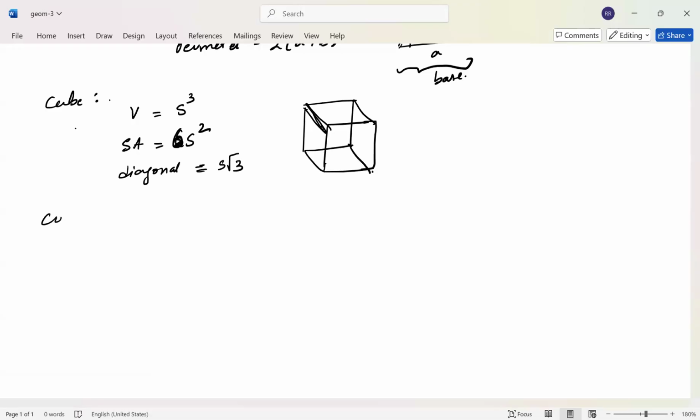Next, cuboid or rectangular prism. It's a 3D figure formed by using rectangles.